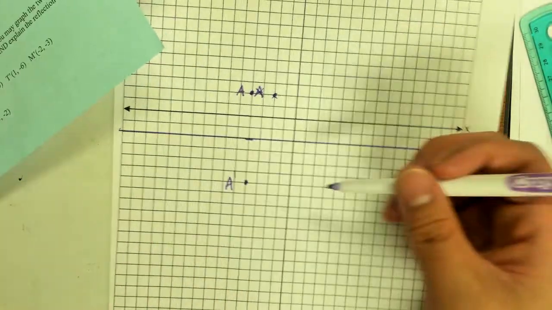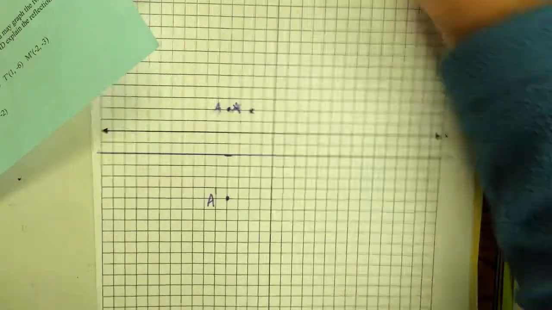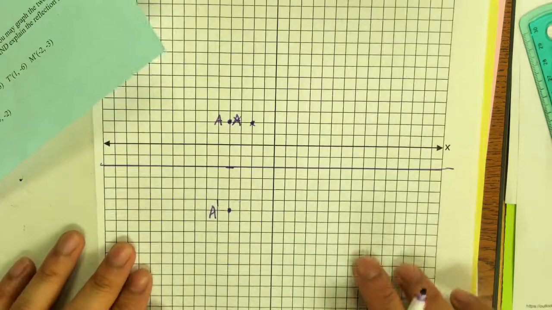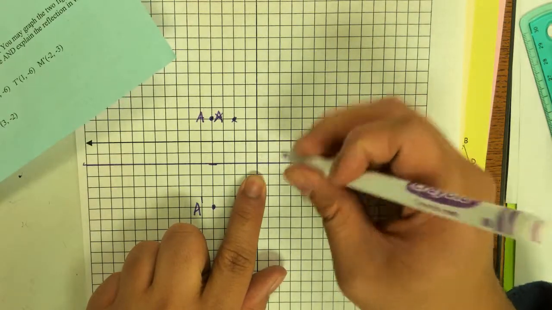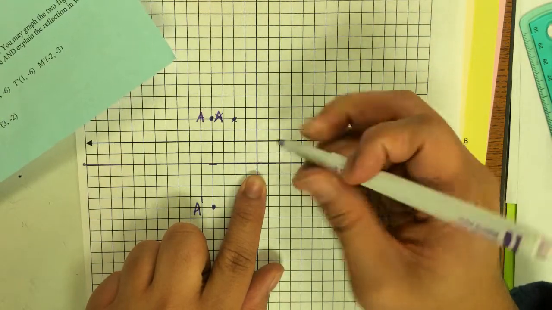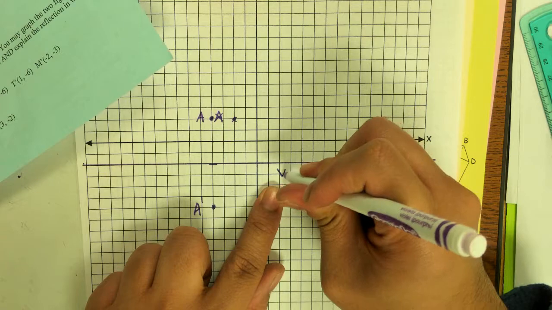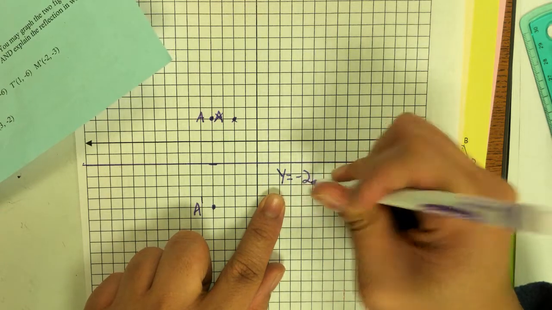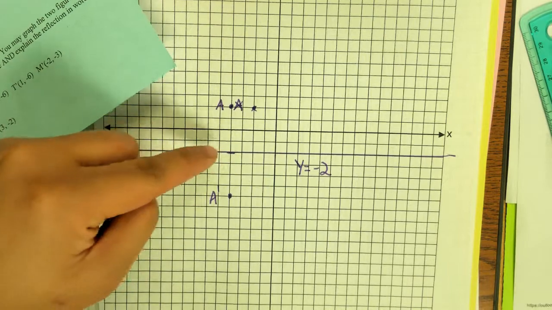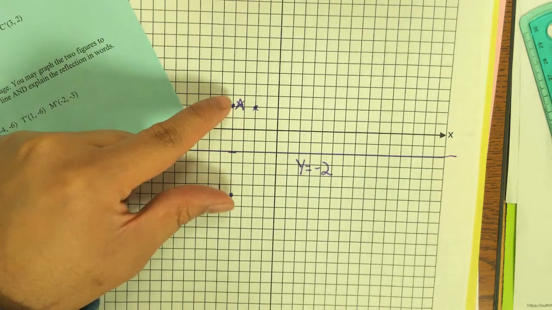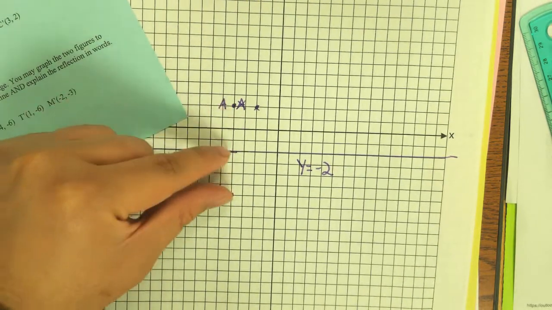My line crossed the y-axis. This line going up and down is the y-axis. It crossed the y-axis at -2. So we say this line is y equals -2. So the key thing for finding the line of reflection is that the line is always in the middle of your 2 points. So 4 and 4.